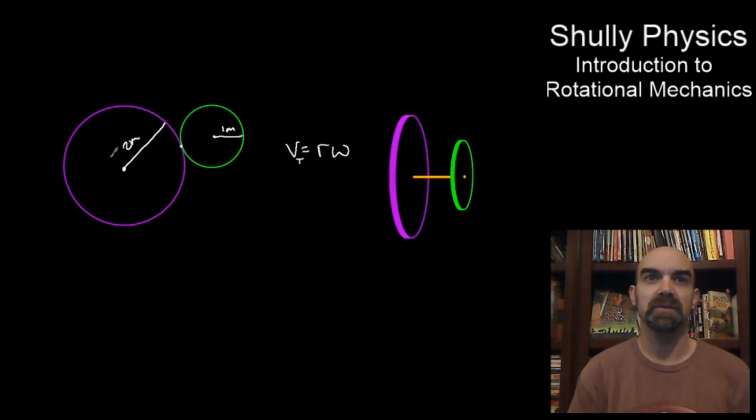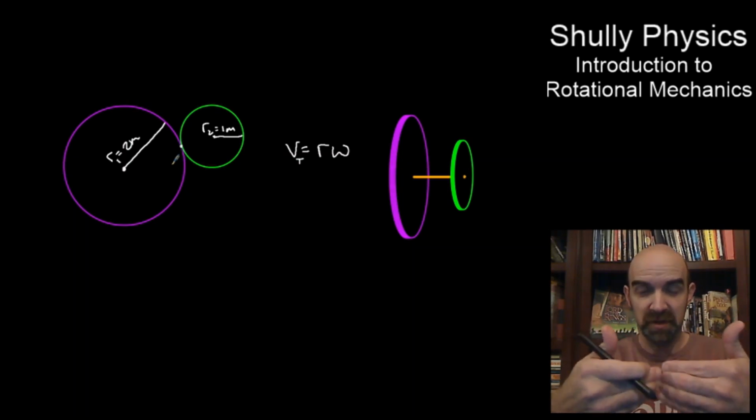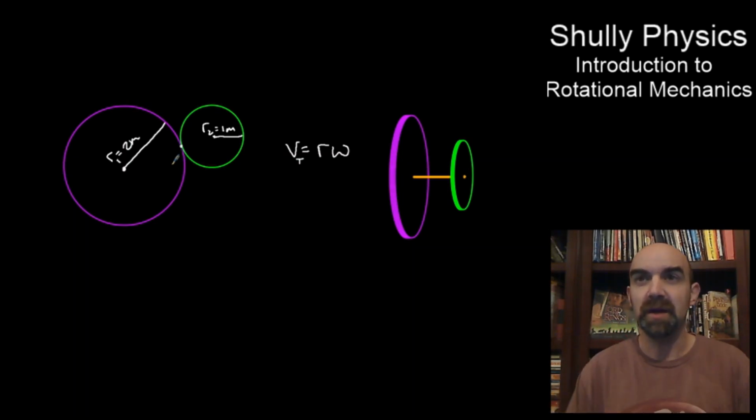So R1 is 2 meters, and R2 is 1 meter. All right. So these are actually two different scenarios. They're not the same thing. I'm going to come to this one in a moment. What's common about this one is they have a common edge where they come together. And for the second one, what they have in common here is a common axle. So they have a rotational axis that's in common.